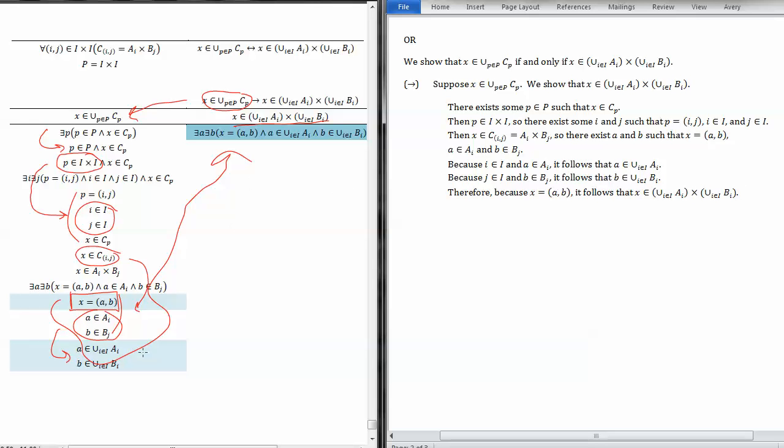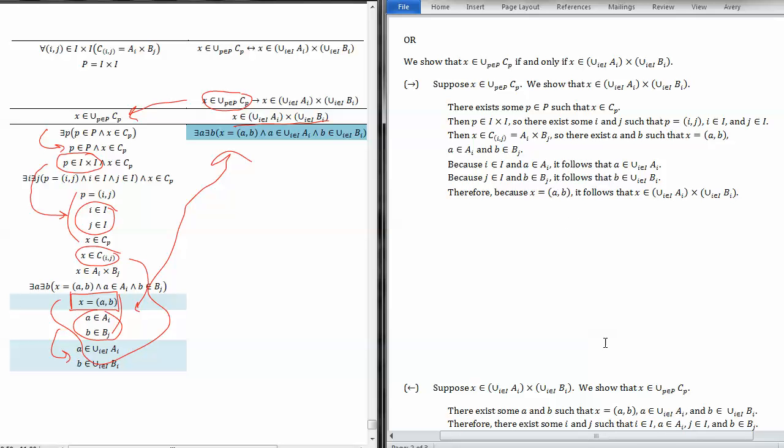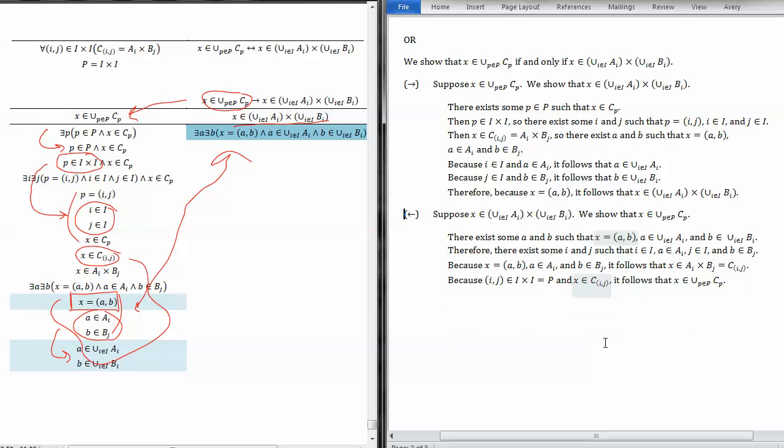We're not going to go through this big dance for the other direction, but let me show it to you and quickly talk through it. It's quite similar to the direction we've done. Okay, so suppose that X is in the right side, we show X is in the left side. Because X is in this Cartesian product, there exists a first coordinate A and second coordinate B in the appropriate sets.